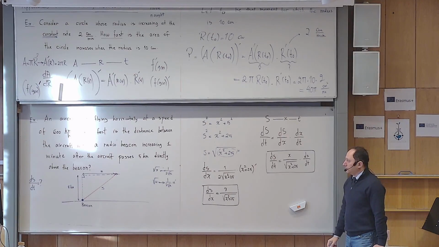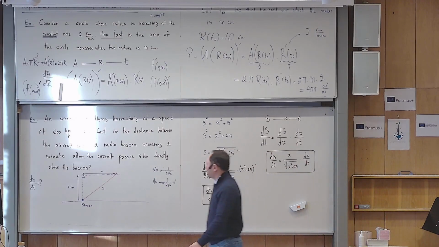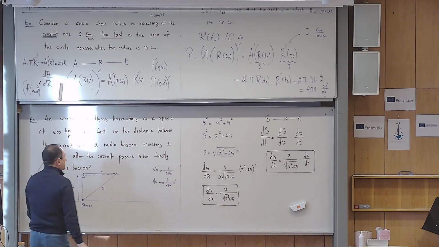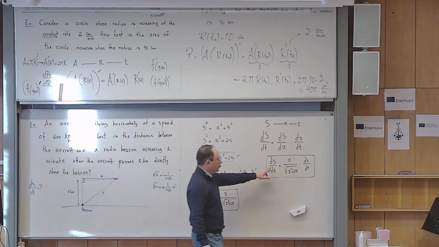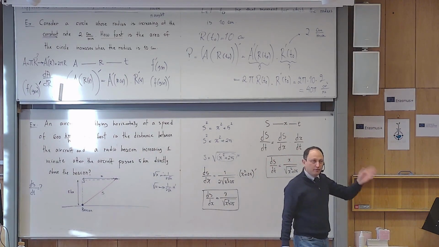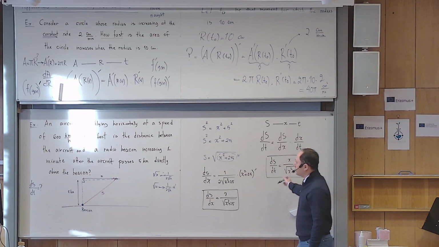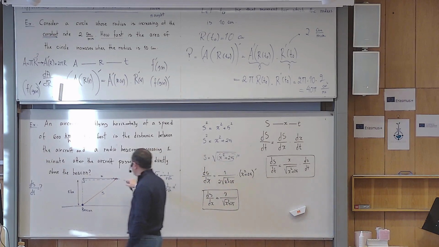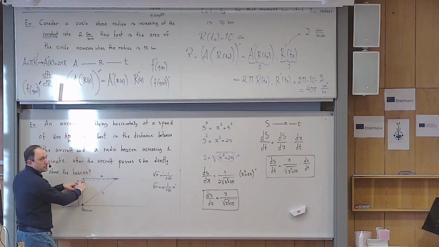And now I have to put the numbers in at that moment of time in which the problem is interested. Yes? Okay, so this formula is completely generic. It works for every x and for every instant of time. But I'm not interested in all instants of time. I am interested at that moment, which is 1 minute after this happens.